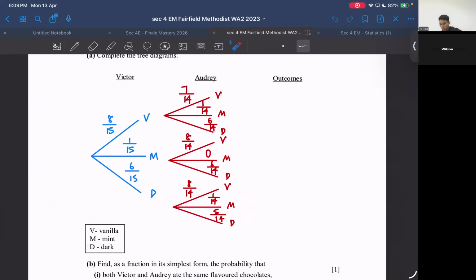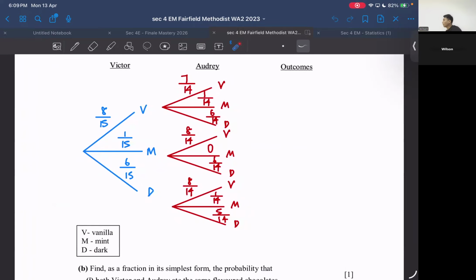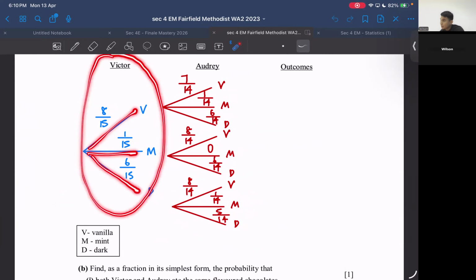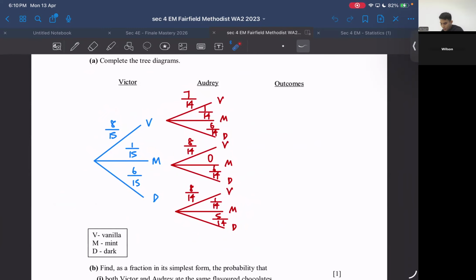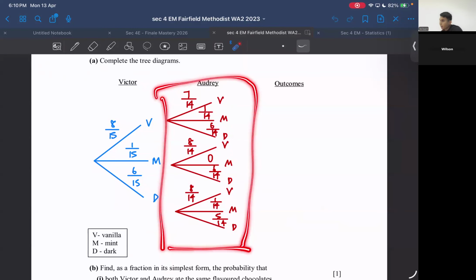Now, can you all please write this down? I have Victor: vanilla, mint, and dark. This is the probability that Victor has it: 8 out of 15, because there's a total of 15 chocolates, 1 mint, and 6 dark. For Audrey's case, every time Victor has taken 1, the total number decreases by 1.